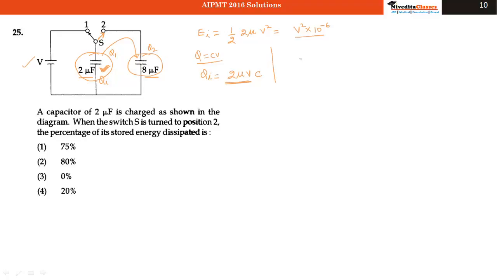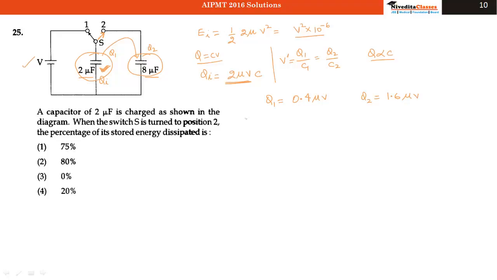For the voltage to be the same, Q1 divided by C1, that is our voltage, let's say V dash, will be equal to Q2 divided by C2, or we can say that Q is directly proportional to C. So the charge will get distributed between these two capacitors in direct proportion to their capacitance. We have a total charge of 2 micro V, so if I distribute it, Q1 will be 0.4 micro V and Q2 will be equal to 1.6 micro V.